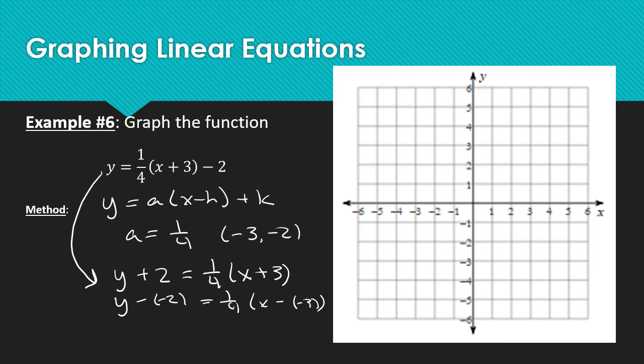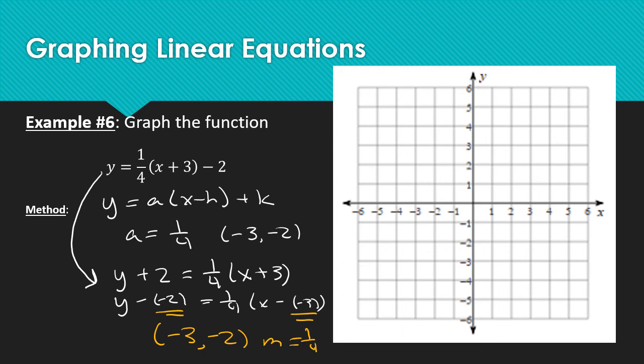So if we think about what point we plugged in here to make this happen, we plugged in an x value right here of -3, and we plugged in a y value right here of -2. And I still have a slope equal to 1/4. So either way you got the point and the slope, it doesn't really make a big difference. It's just a matter of perspective and how you see the problem. Some of you will go ahead and solve it for y, and you'll distribute and do slope-intercept form. That is also a third alternative.